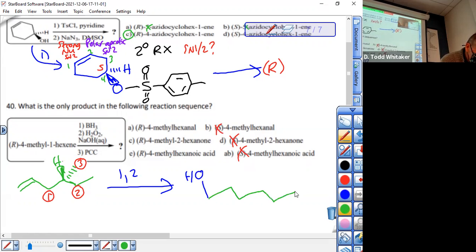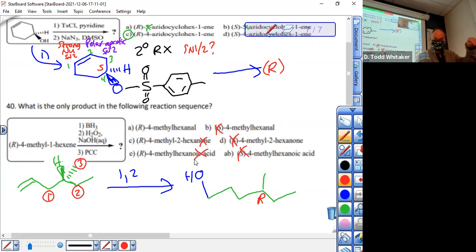Should have done this from the beginning, right? Nothing changed over there. And we have to know PCC converts primary alcohols to aldehydes, not ketones, not carboxylic acids.